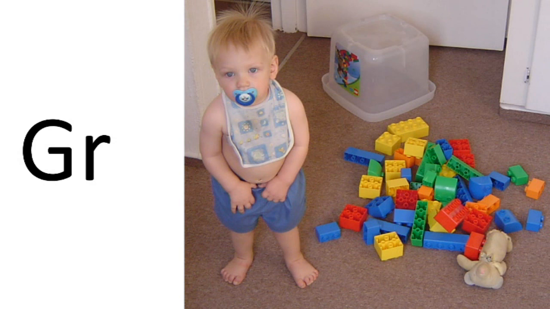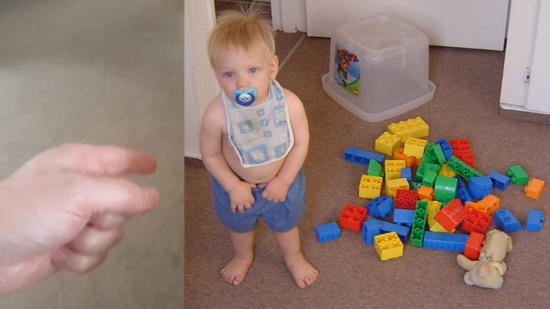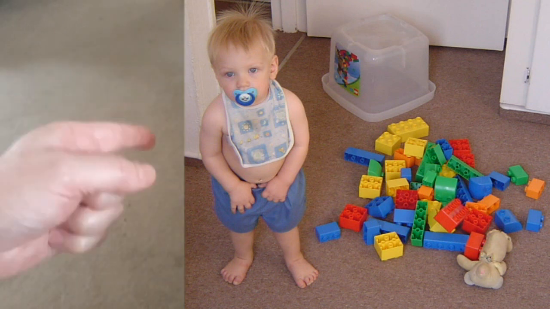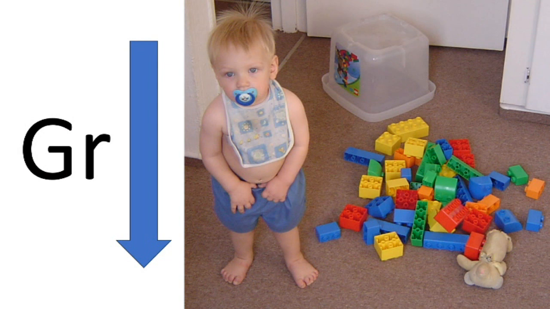So we're going to have grrr, and remember, he's smaller than me. So my hand is pointing down at the time. So we're going to remember the grrr with an arrow pointing down. This is very important. If you get the arrow wrong, this is 100% useless. So grrr and the arrow pointing down.